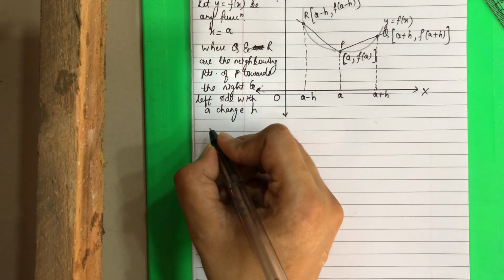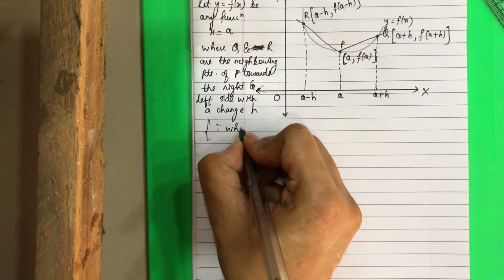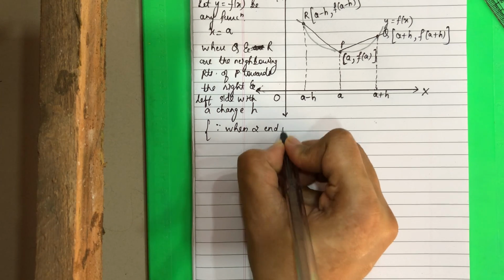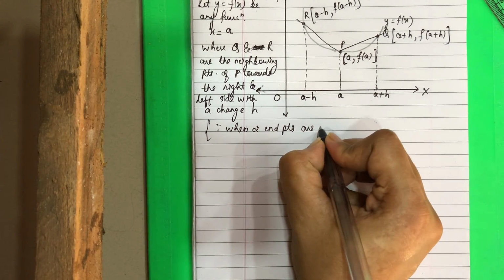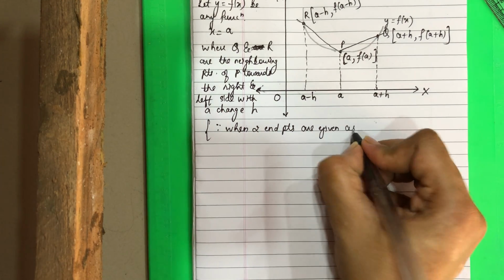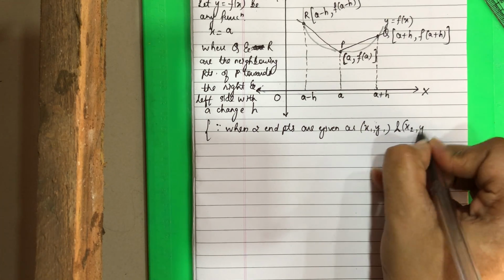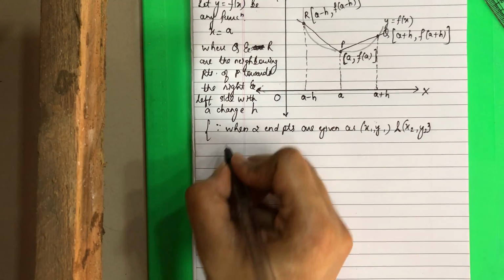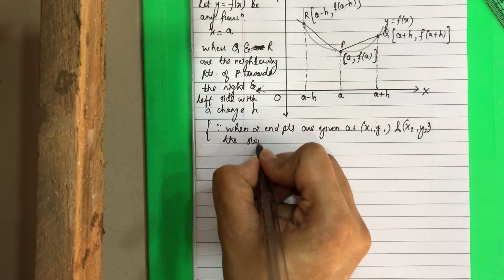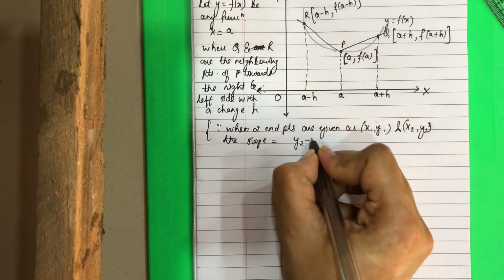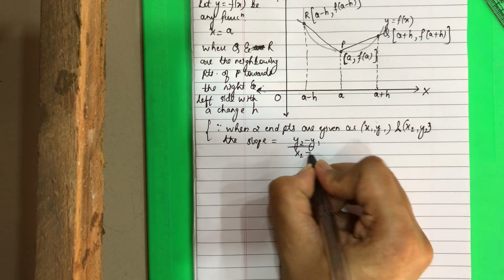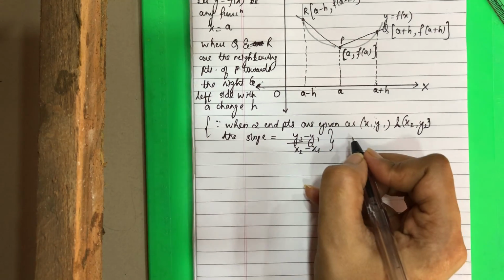So you know the definition: when two endpoints are given as (x1, y1) and (x2, y2), the slope is equal to y2 minus y1 upon x2 minus x1.